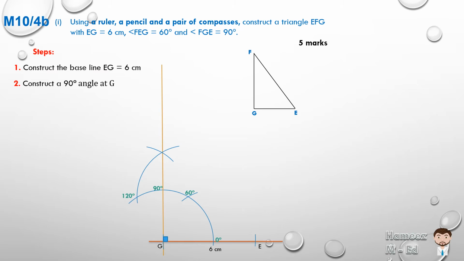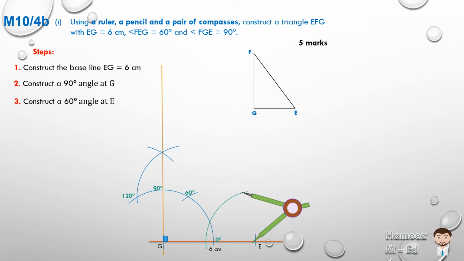So according to our sketch, we've gotten two lines already. We've gotten the baseline and the line on the left, which is 90 degrees, the perpendicular line. Now we just need to construct a 60-degree angle at E. So we rest the metal point of the compass on E to any length, and we scribe an arc. If we scribe an arc again, that will be like creating our protractor.